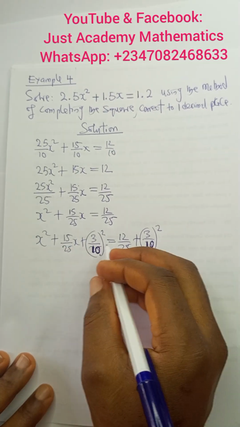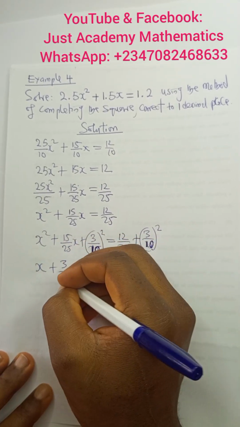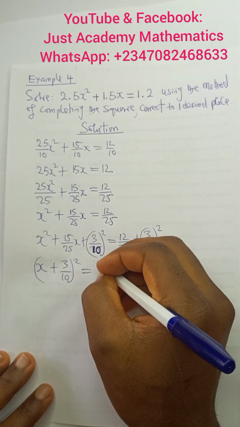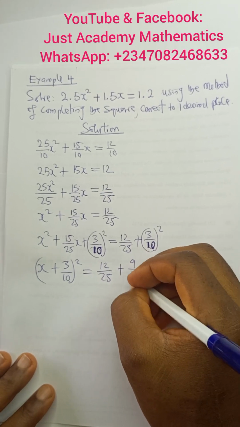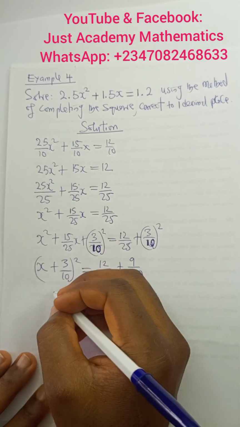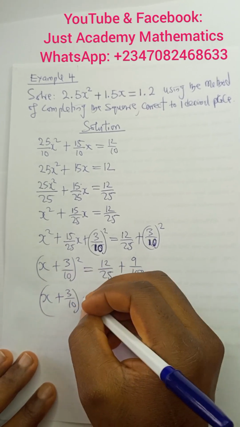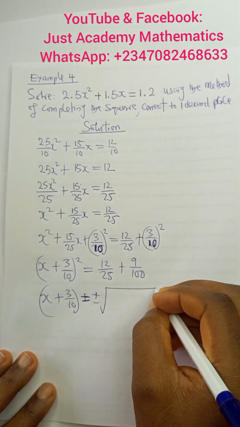Okay, let's proceed. So if we factorize this, we have that x plus 3 over 10 squared is equals to, here is 12 over 25 plus 9 over 100. Of course, this will give us x plus 3 over 10 equals to plus or minus square root of what?